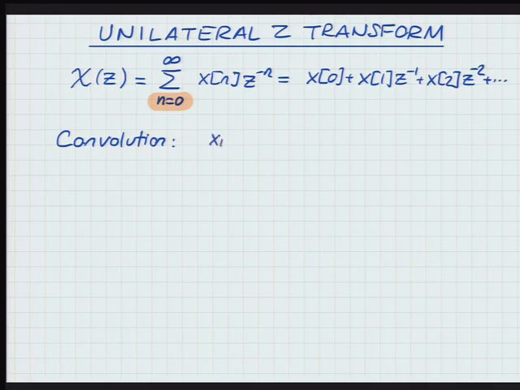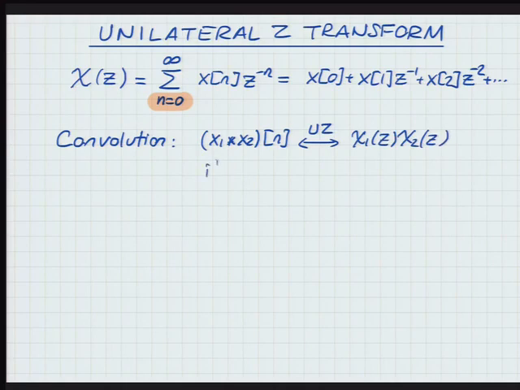So x1 convolution with x2 of n will give us a unilateral Z transform, u for unilateral, that is the product of x1 of z times x2 of z, if, and this is a big if, x1 of n is equal to 0 for all n negative, and also x2.